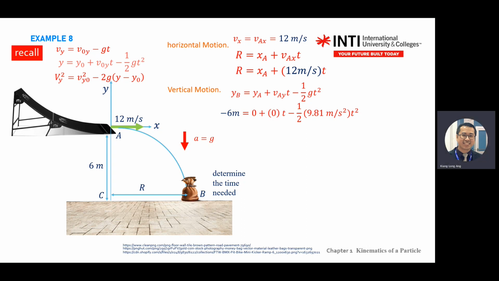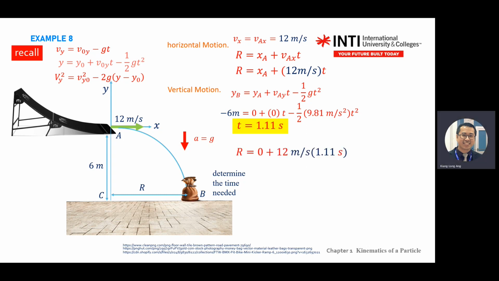Negative 6, YA initial 0, VAY 0, because in the Y direction you don't have velocity, plus minus 9.81, and you have the T equation here. Solving for T, you get 1 point something. For this module, you need 2 decimal places, maximum 3 decimal places. Don't forget the unit. Unit is very important. Any questions so far?